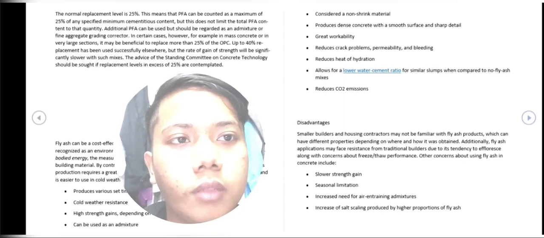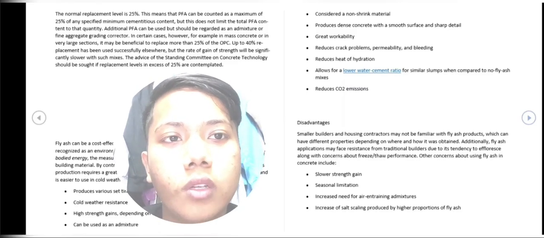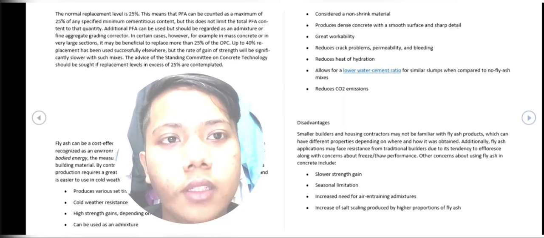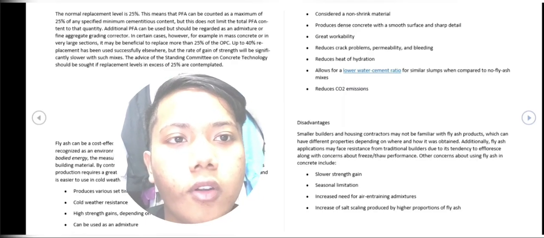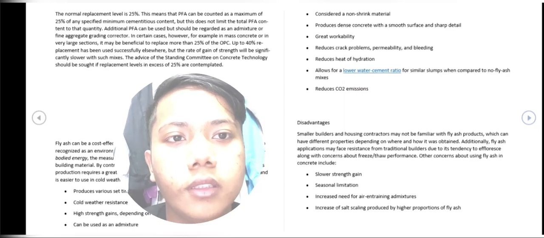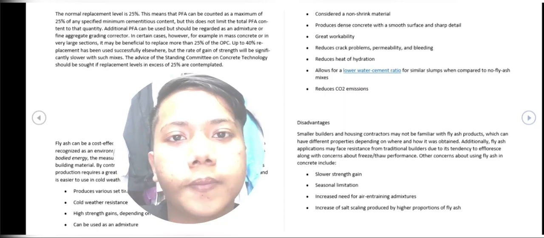Other concerns about using fly ash in concrete include slower strength gain, seasonal limitations, increased need for air entraining admixtures, and increased site scaling produced by a higher proportion of fly ash.